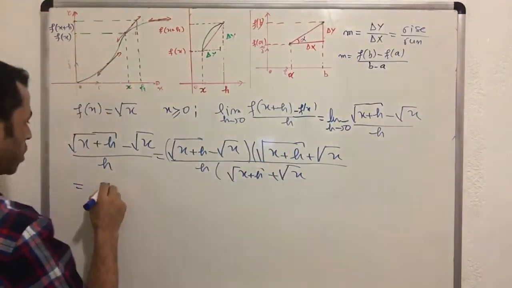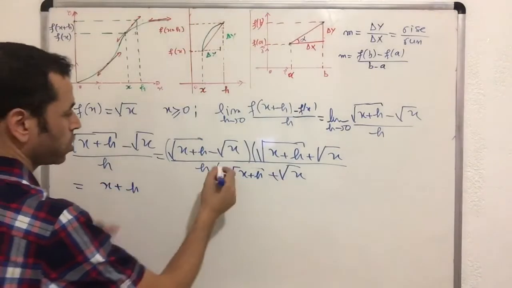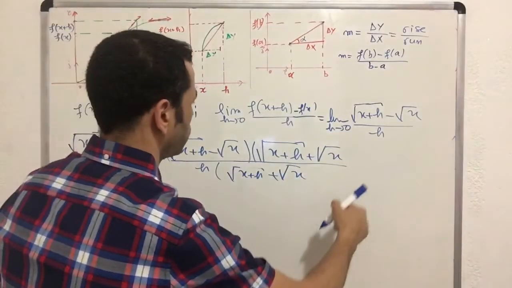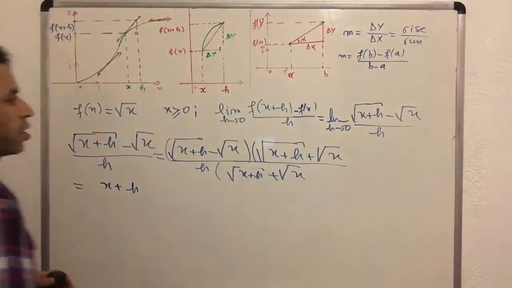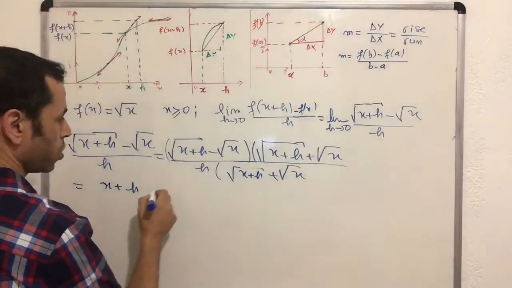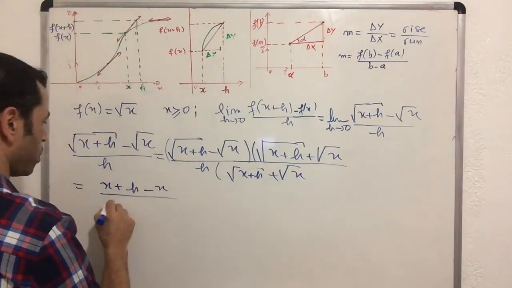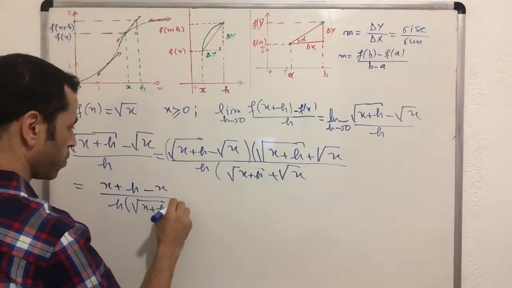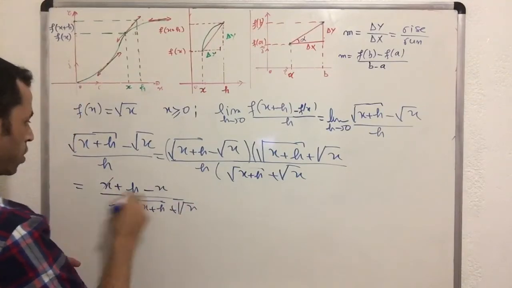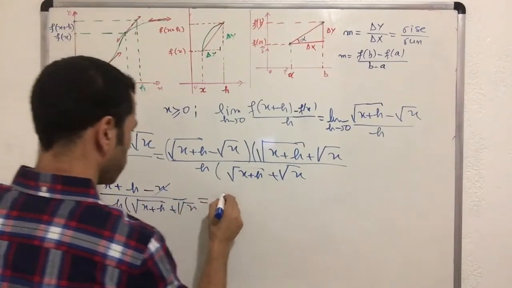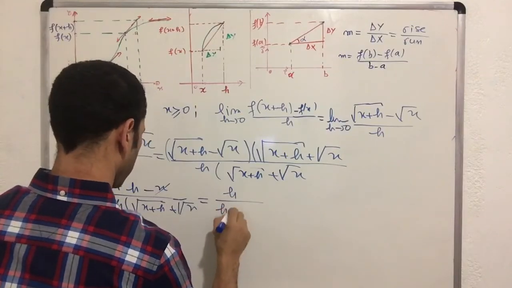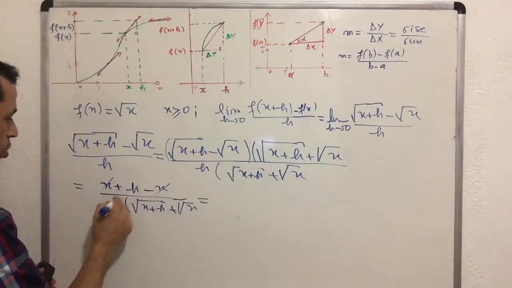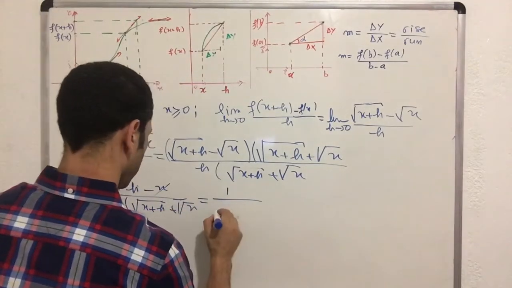Let's multiply this out. This gives you x plus h, using the identity: a minus b times a plus b equals a squared minus b squared. So it gives you minus x, over h times the square root of x plus h plus the square root of x, right? Let's cancel x with x. This gives you h, and then cancel h with h, leaving 1 over the sum of the square roots.